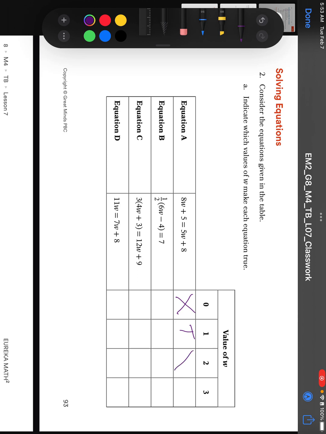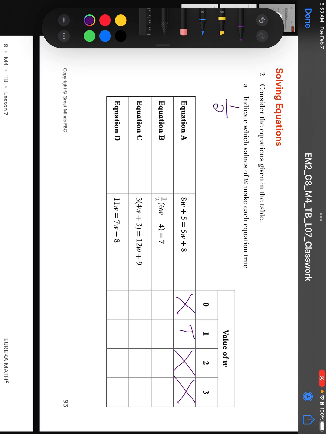So hopefully you've paused. You found that 2 and 3 also did not work for equation A. I'm forgetting now which one is going to work for equation B, so I'm going to test out the number 2. I know it's only one of them.